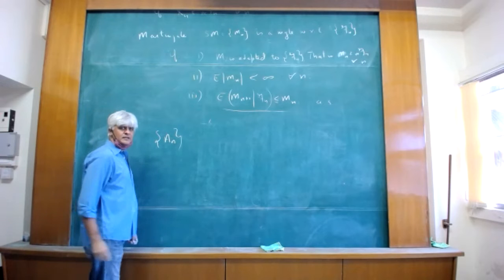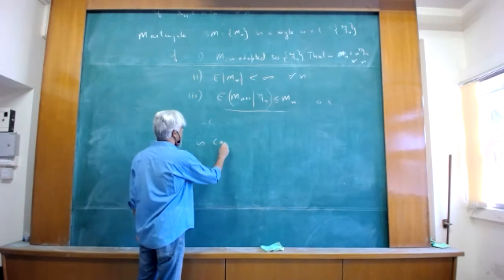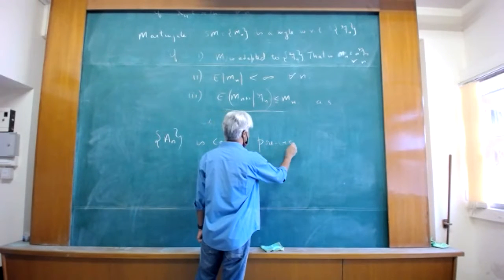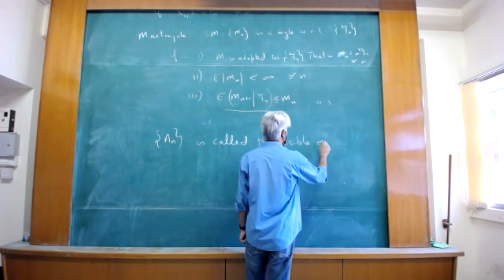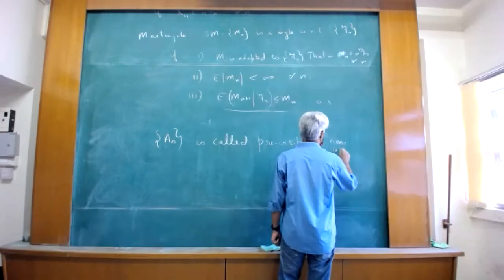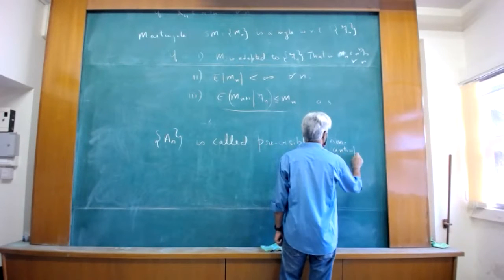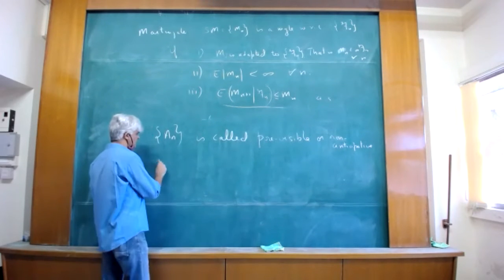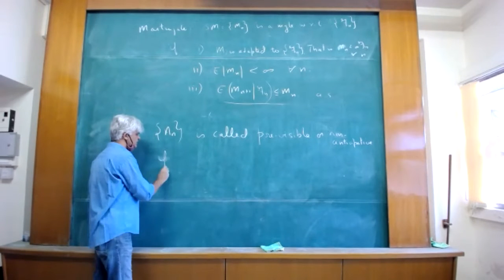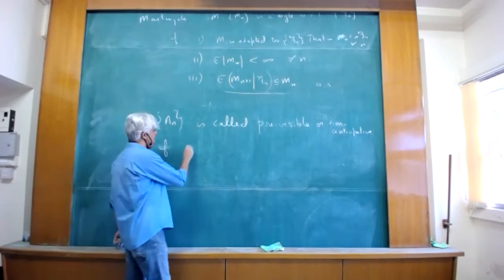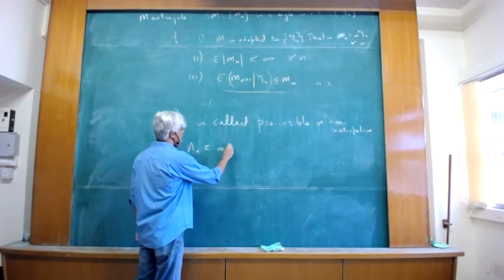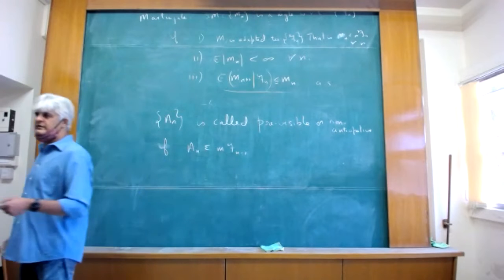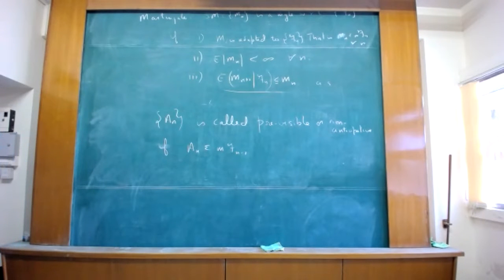A sequence of random variables An is called predictable, or non-anticipative, on a probability space with a filtration Fn, if An is measurable with respect to Fn minus 1. So it's known to us just by time n minus 1, when we know Fn minus 1. We know what it is.